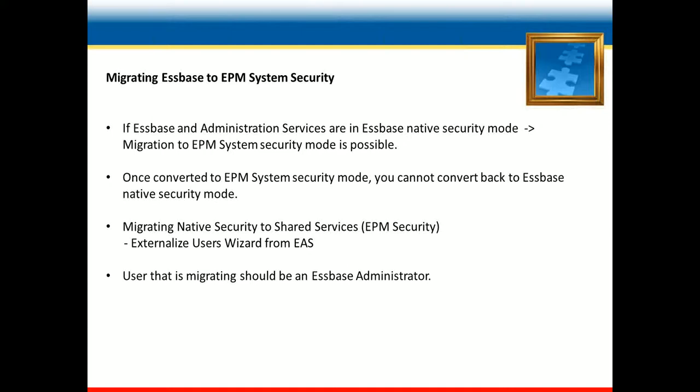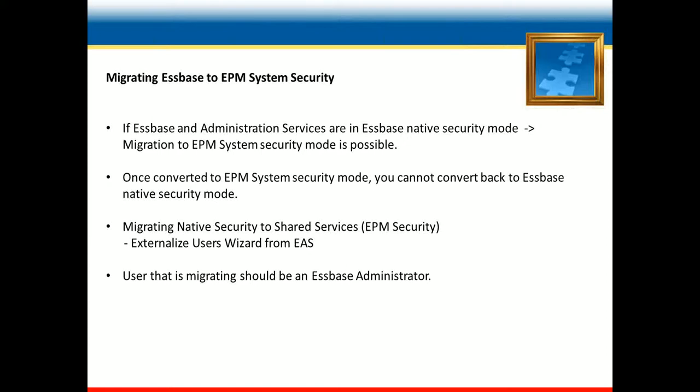And if we have SBIS and administration services in native security mode, then we can definitely migrate to the EPM system security. And once we convert to the EPM system security mode, you cannot convert back to the native security mode. So how can we achieve this?